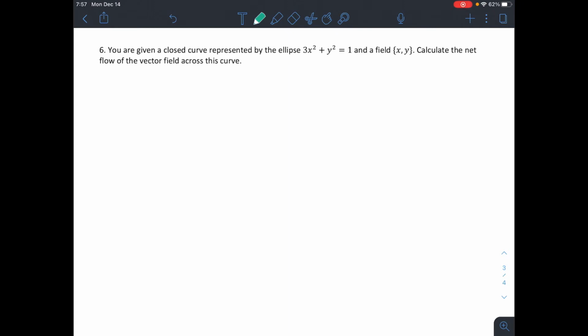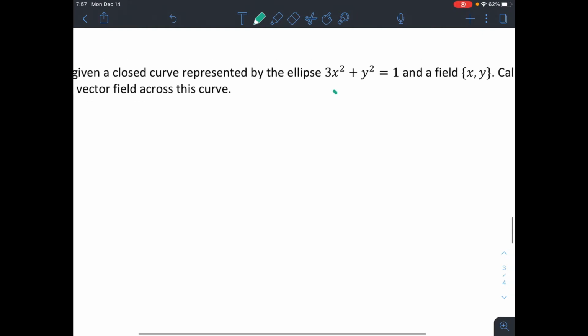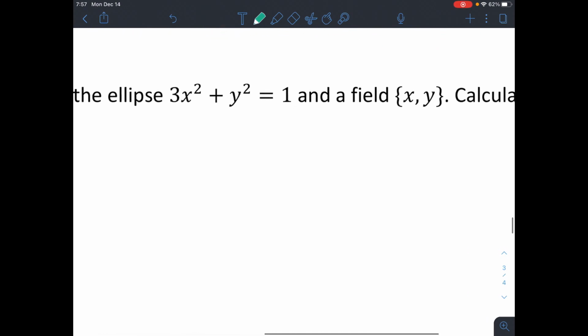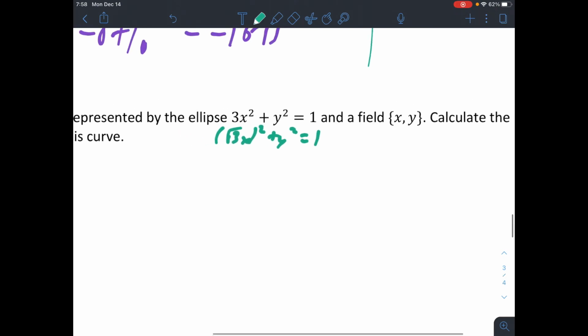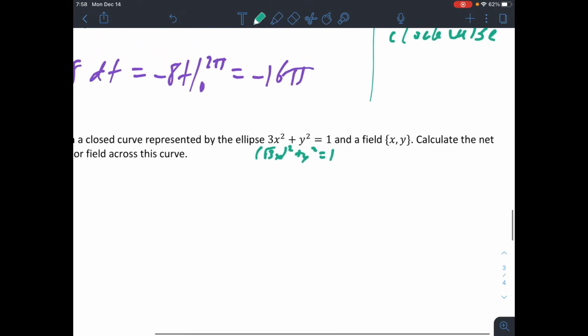All right, number 6. Again, a closed curve represented by that ellipse and a field x y. Calculate the net flow of the vector field across that curve. So once again, first I'm going to rewrite this as root 3 x quantity squared plus y squared equals 1.